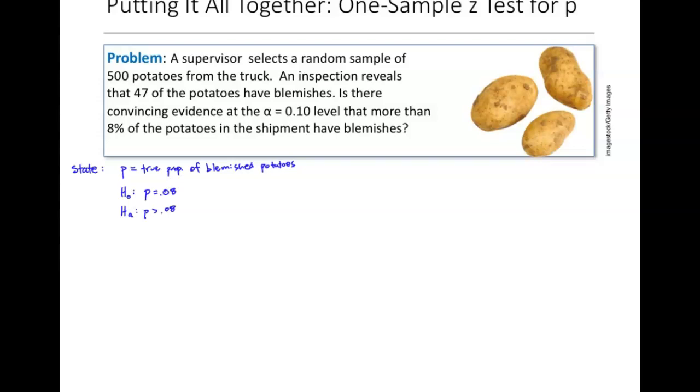And so plan, let's check our conditions. Random: I'm just going to say stated as SRS. 10%: we'll assume the truck contains more than 5,000 potatoes. So that's just 10 times my sample size.